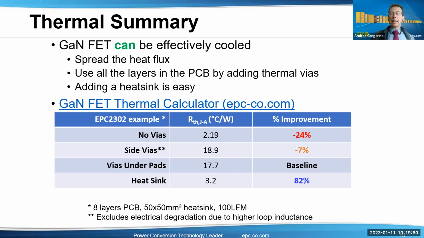Now, if you add a heatsink on top, this is a fairly small heatsink, you can reduce the thermal resistance by 5 times. And this is how you get really the high power density designs. So as an example, you can go online and put in your own parameters and really play around with the effects of all these different thermal paths.